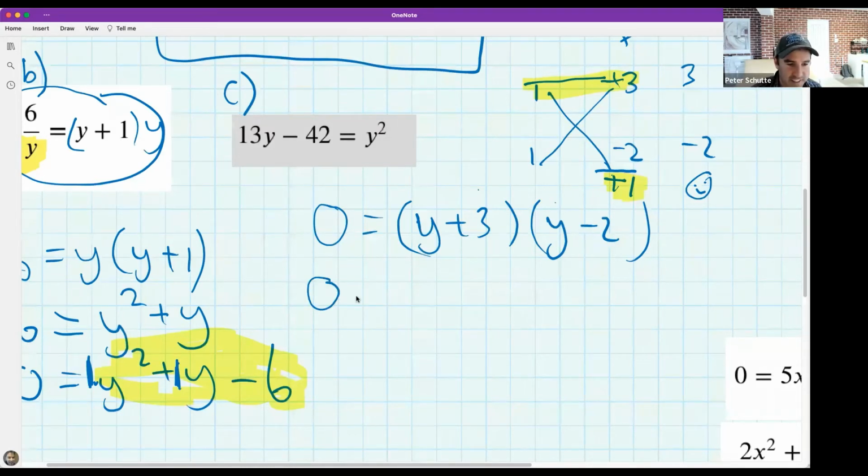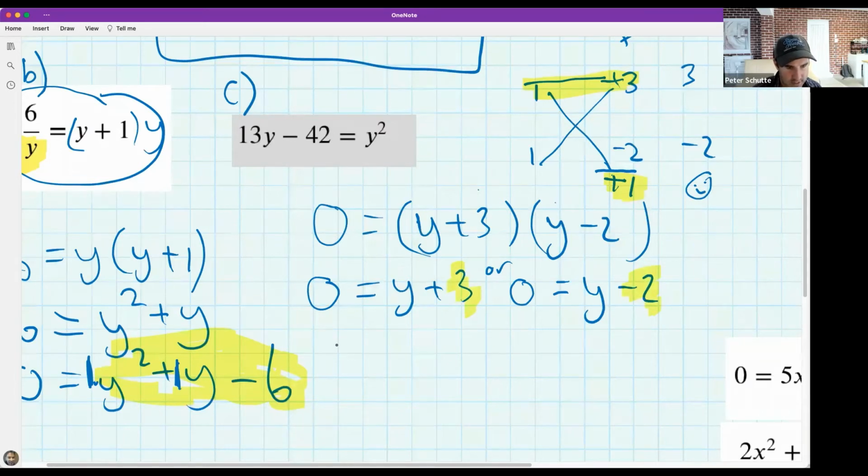So if I split this, 0 equals y plus 3, and 0 equals y minus 2. That is the split that I was talking about earlier. And if either of these statements is true, the whole thing will be true. And so then if I solve these two equations, I take away 3 from both sides here, and I add 2 to both sides here.